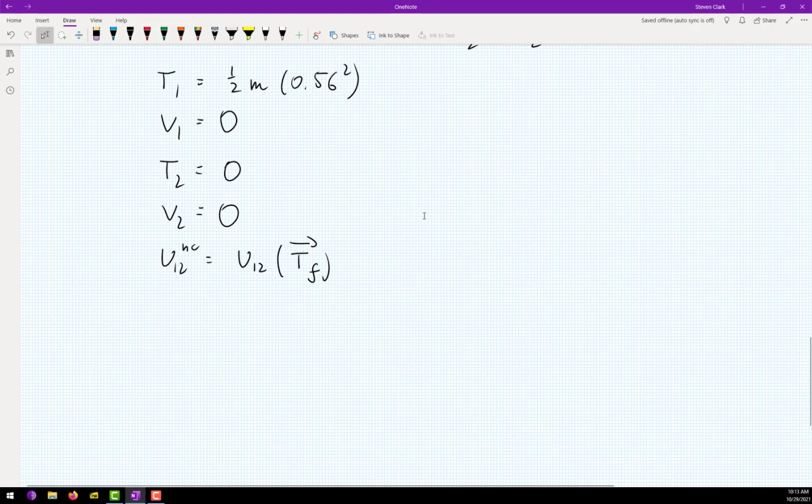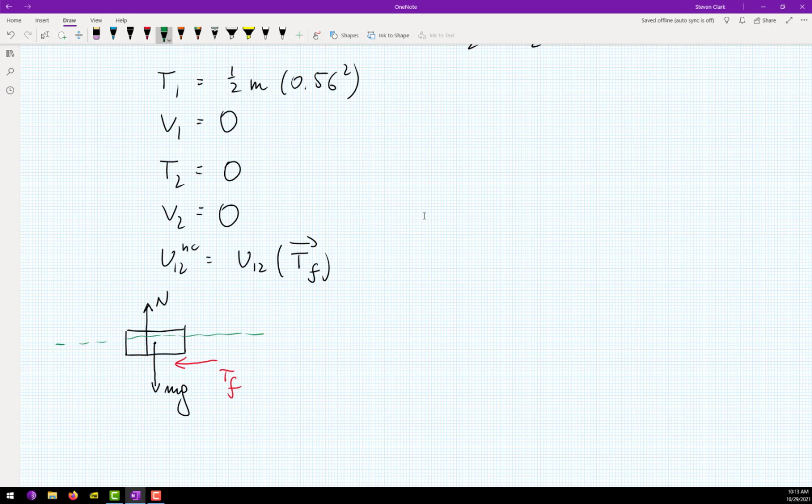So let's quickly do a free body diagram. We have mg, we have N, and we have friction. And this is our trajectory.